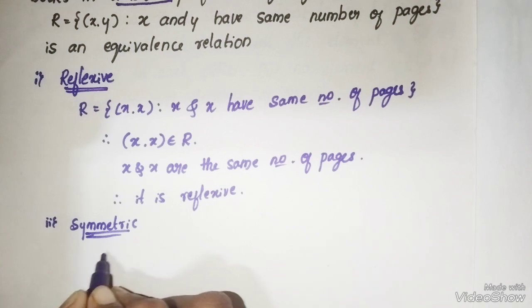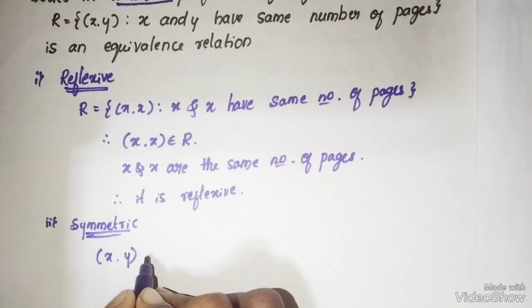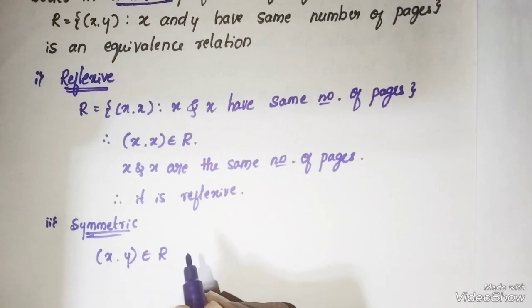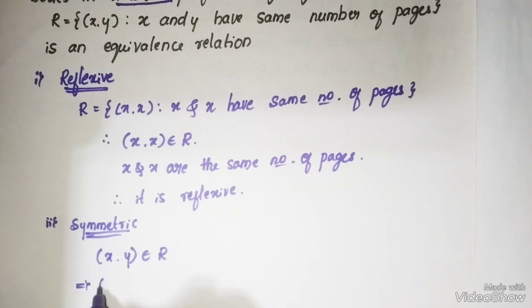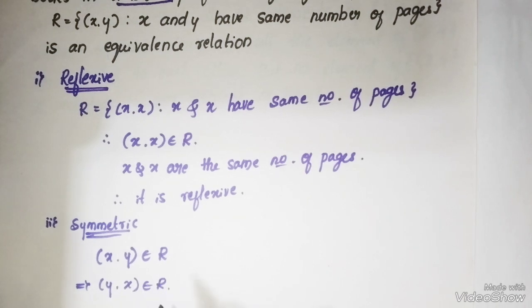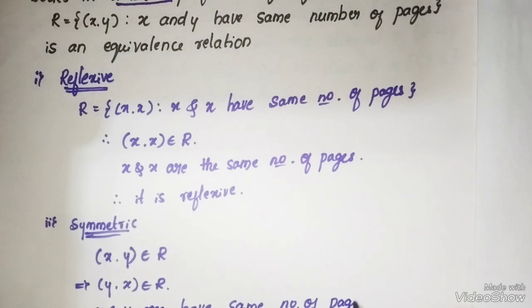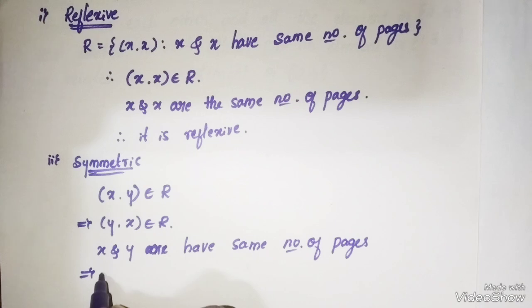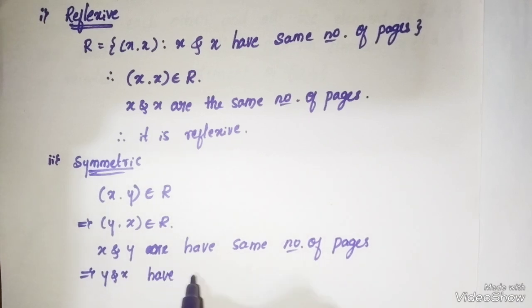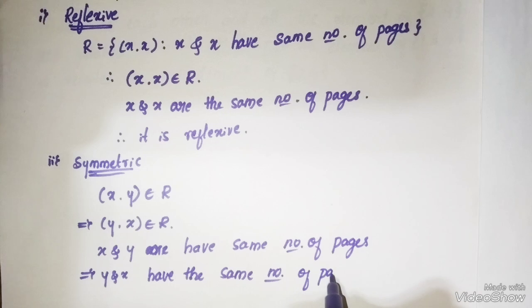If we consider two books, x is one book and y is another book, (x, y) belongs to R, that is, x has the same number of pages as y. That implies (y, x) also belongs to R. x and y have the same number of pages implies y and x have the same number of pages. It is symmetric.